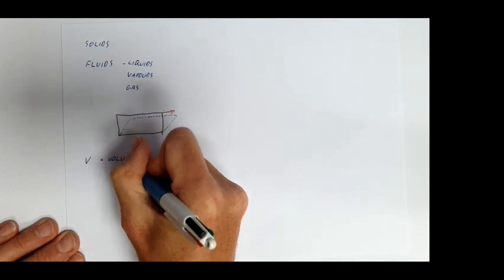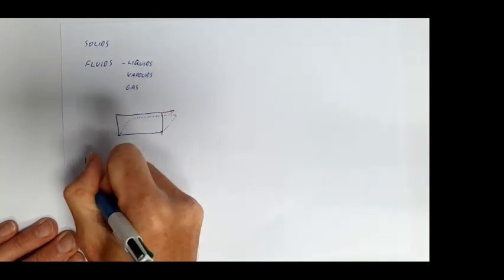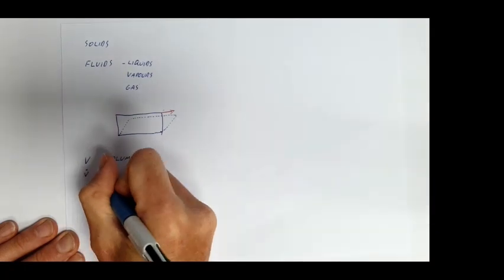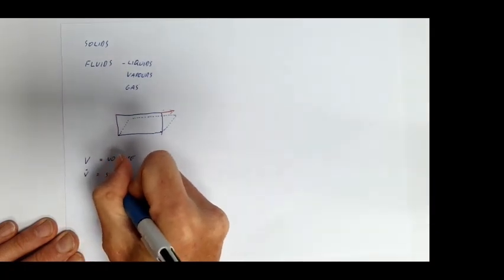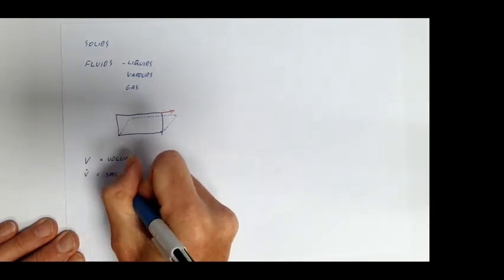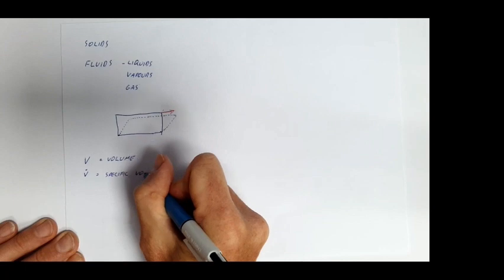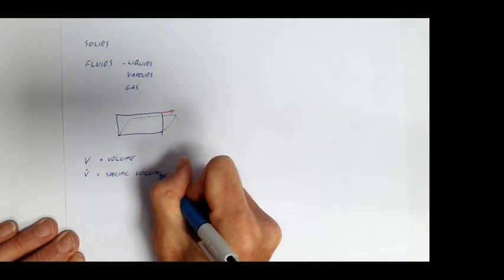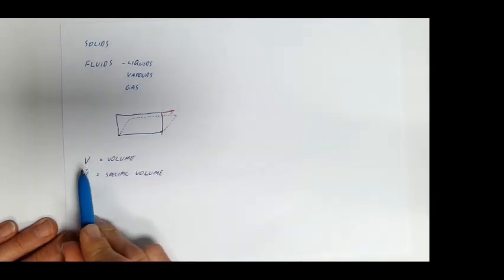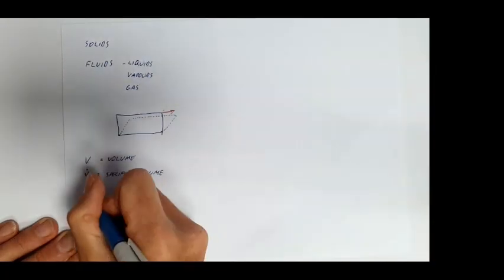And specific volume is simply the volume divided by the mass. Okay, notice the subtle difference there.